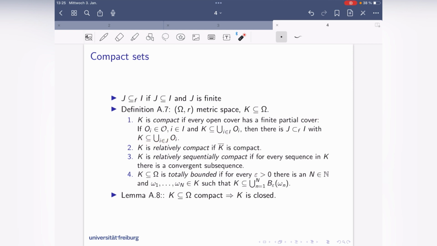So let's just see a counterexample. You might know that the semi-open interval is not compact. So why is that? I could write (0,1] as the union over n from 1 to infinity of the set (1/n, 1].